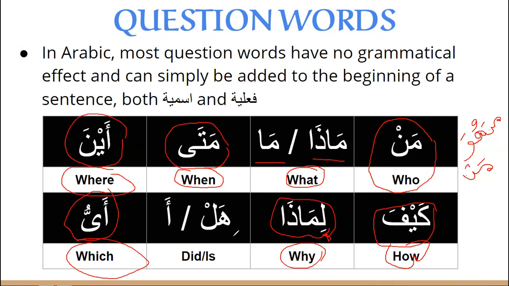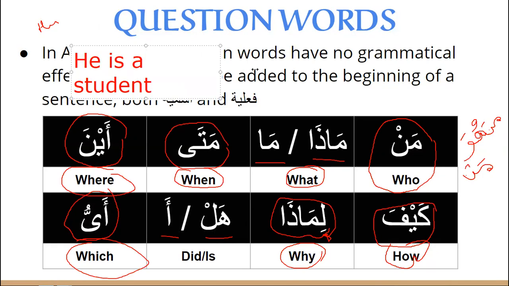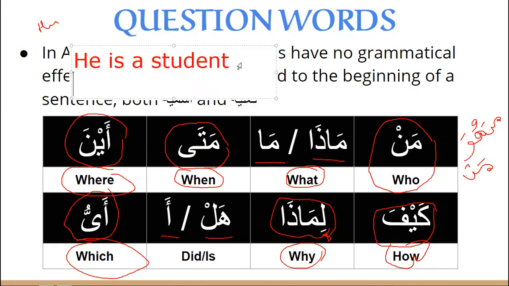The remaining ones are hal and a. It's a bit different. In English, if we say he is a student, what we do is switch and put the is in front: is he a student?